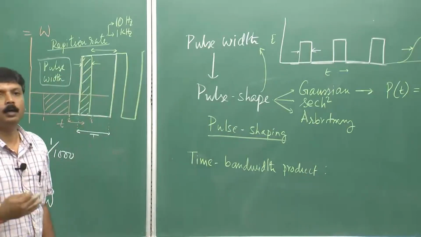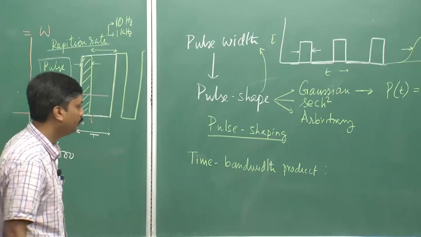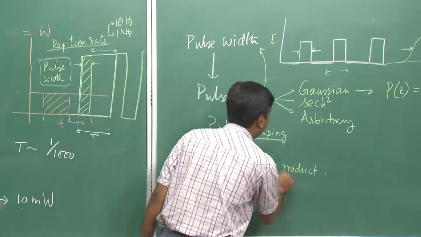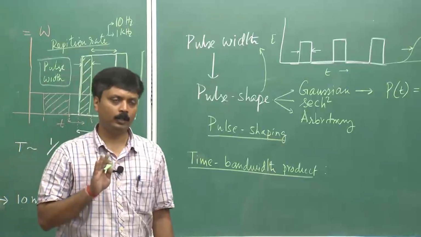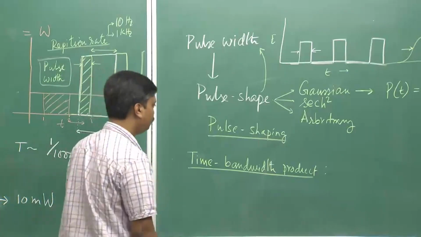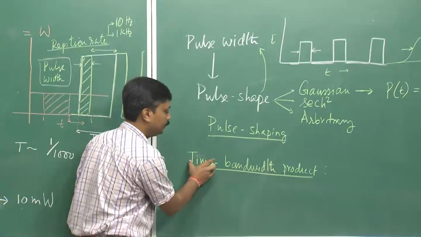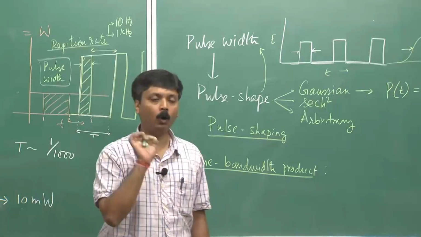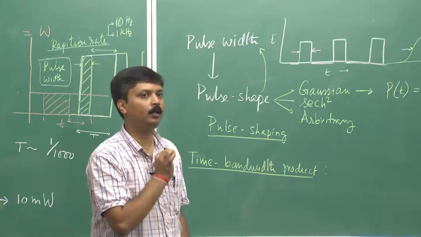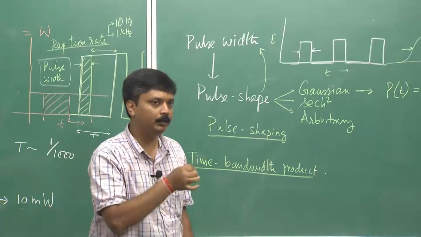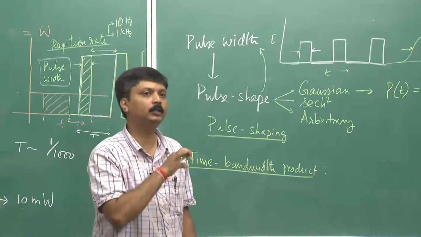You will come across this term very often. Simply, this is a product of the pulse width, which refers to the time. Pulse width always refers to time, because I am looking at the time profile or temporal profile of a pulse and taking its width.